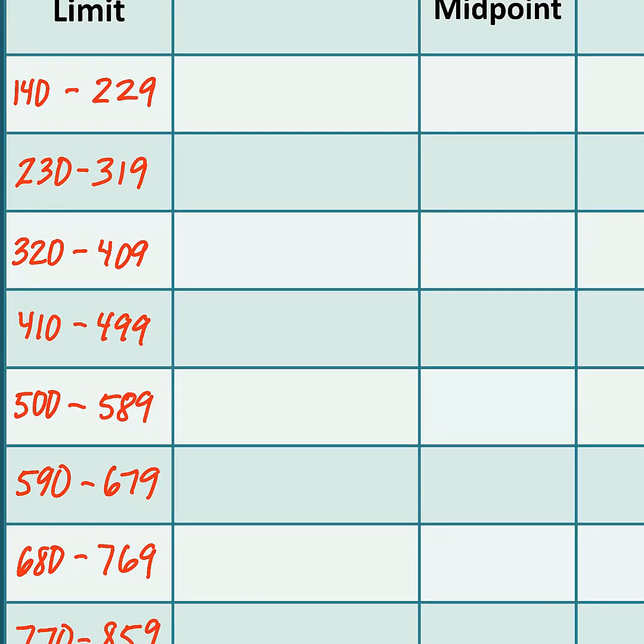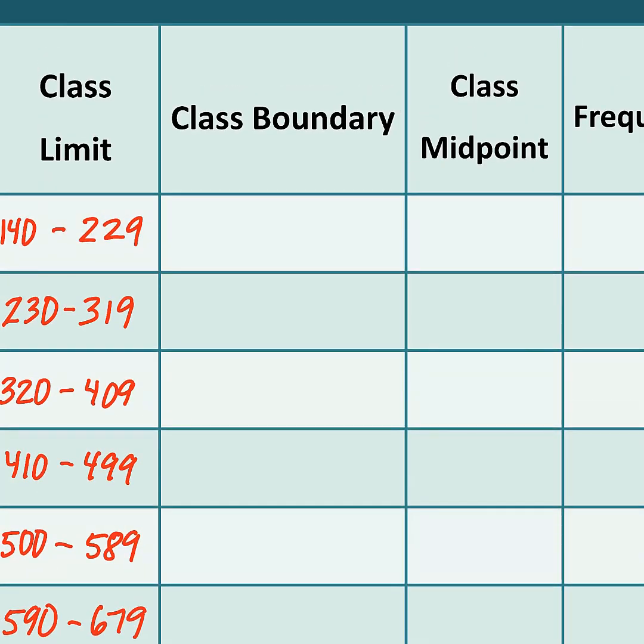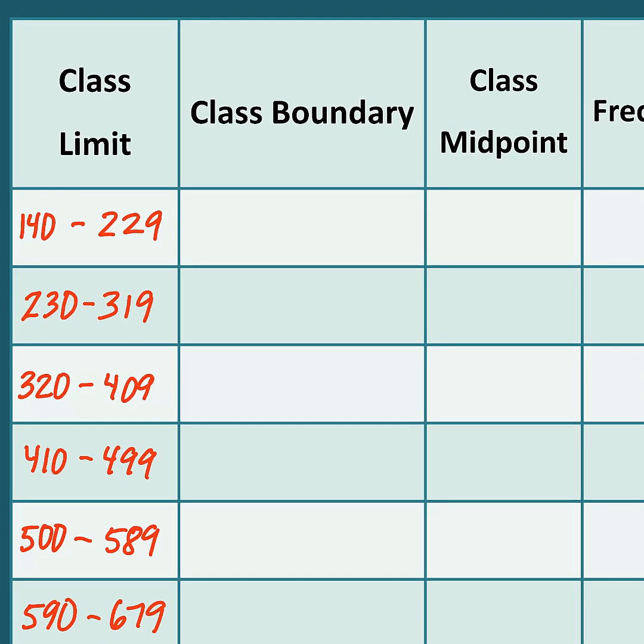Next, we move on to class boundaries. Now remember, if the items are whole numbers, we need to add and subtract 0.5 accordingly, meaning I need to subtract 0.5 from 140, then add 0.5 to 229.